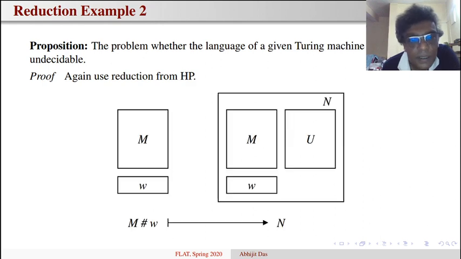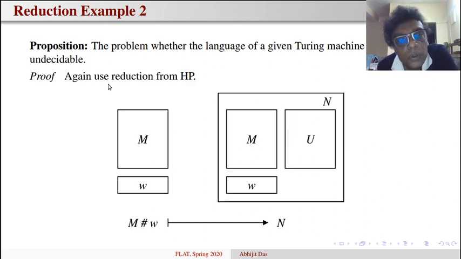Once again we will use reduction from the halting problem, and this reduction is slightly more complicated.